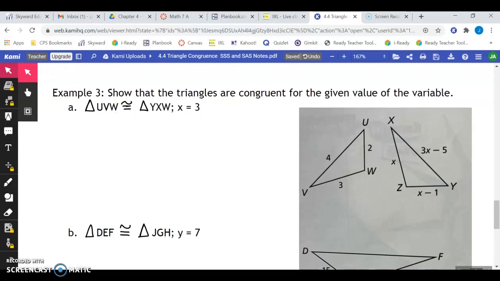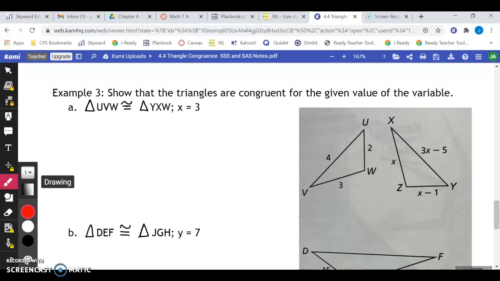For example 3 here, we have to show that the triangles are congruent for the given value of the variable. Triangle UVW is congruent to triangle YXZ, and that should be YXZ, not W. And x is 3.